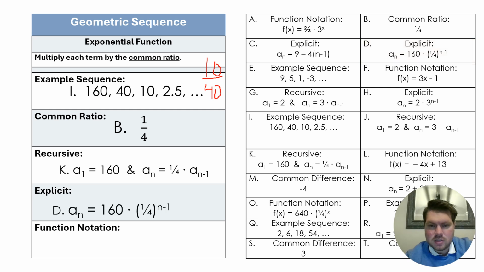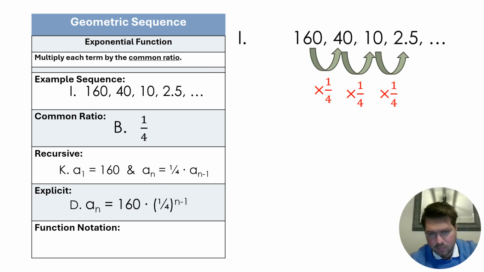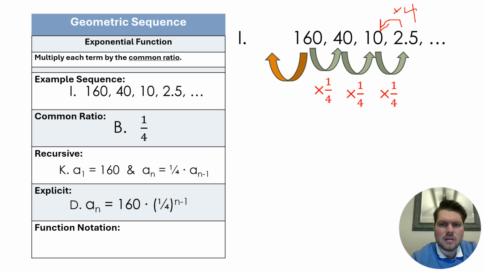For function notation, there is a dead giveaway which one it is, but let's break down our function notation. We already know my multiplier is 1 over 4, but we don't know the starting number. I could plug 0 into this equation, or if we looked at the pattern, this is times 1/4, times 1/4, or backwards, this is times 4, times 4, times 4.